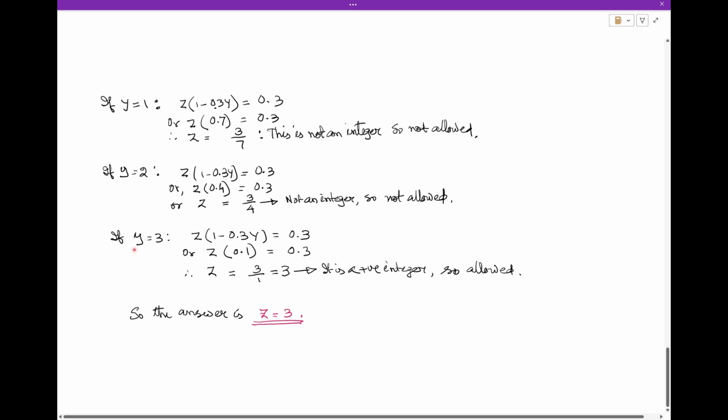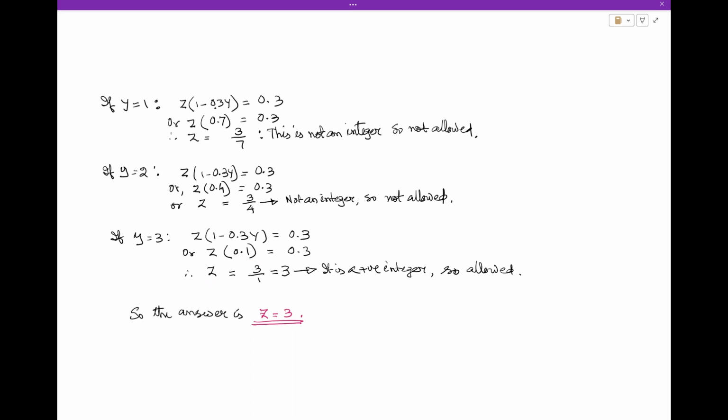Finally, when y is equal to 3, the equation g multiplied by 1 minus 0.3y is equal to 0.3 becomes g multiplied by 0.1 is equal to 0.3.